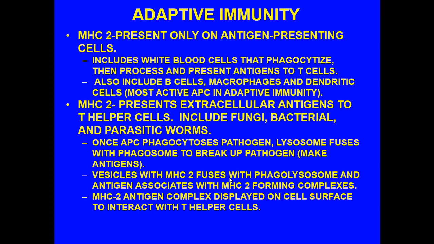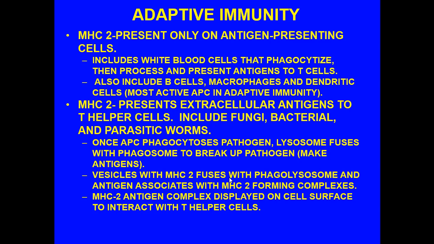Just think about it this way. You're a macrophage, or even better, a dendritic cell. You come upon a fungal spore. Glump, you pull it inside by endocytosis. And then you start breaking it down with your digestive enzymes from the lysosome. This is all while you've enclosed that fungal spore inside of a vesicle.